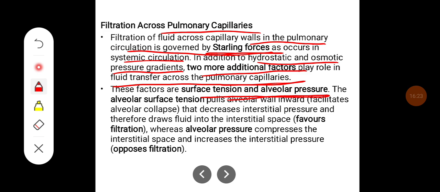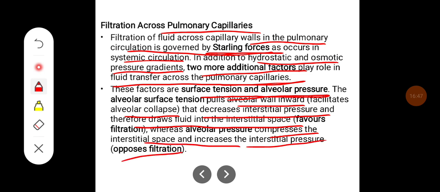The alveolar surface tension pulls the alveolar wall inward, that facilitates the alveolar collapse, that decreases the interstitial pressure and therefore draws fluid into the interstitial space, that is, favors filtration. Whereas alveolar pressure compresses the interstitial space and increases the interstitial pressure, opposes the filtration.